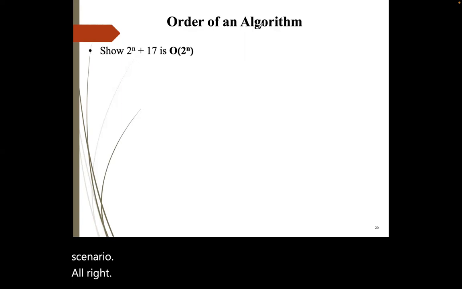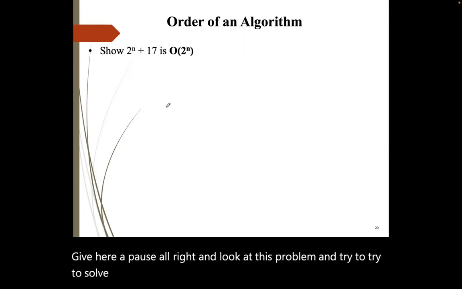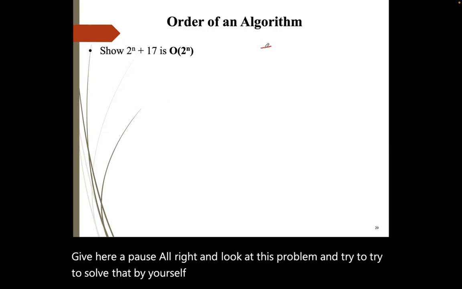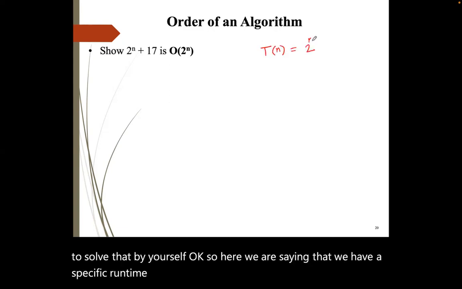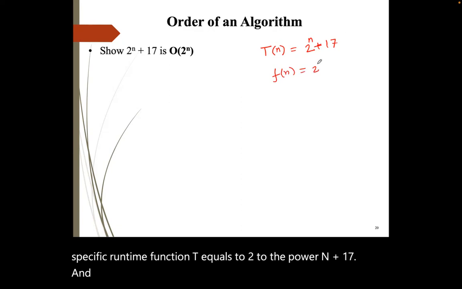So there is another example. I want you to pause here, look at this problem and try to solve it by yourself. Here we have a specific runtime function T(n) equals 2 to the power n plus 17, and f(n) is 2 to the power n.